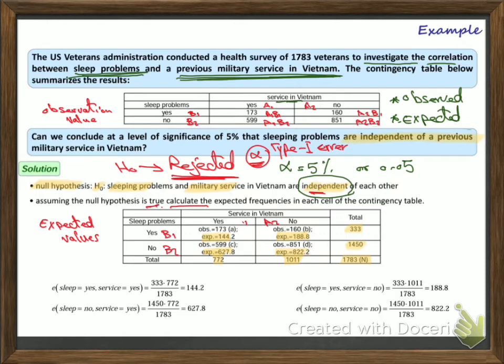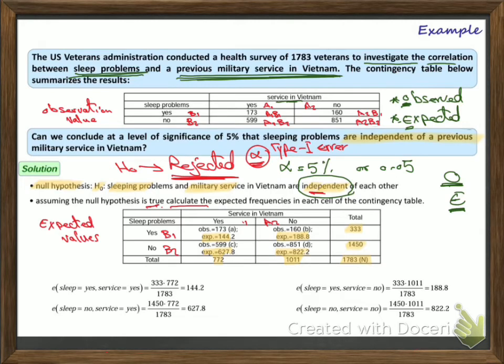So I have two values, observed and expected. I'll call them O and E, O for observed and E for expected. One of these values, the observed value, has been given in the problem. But before coming to how to calculate the expected value, I need to understand something.